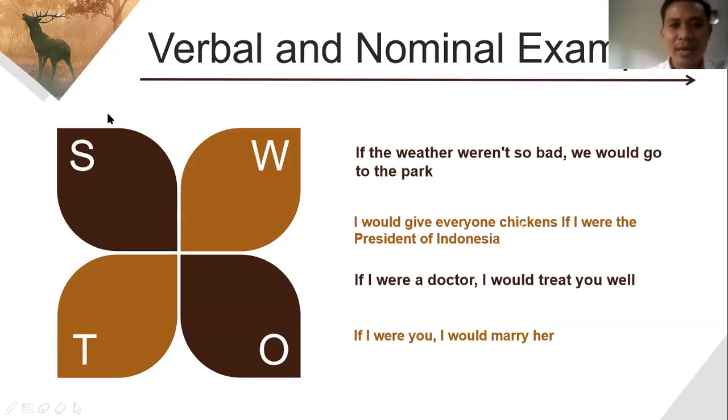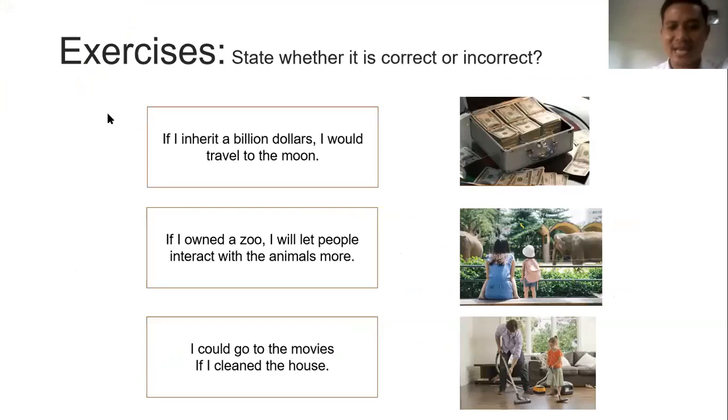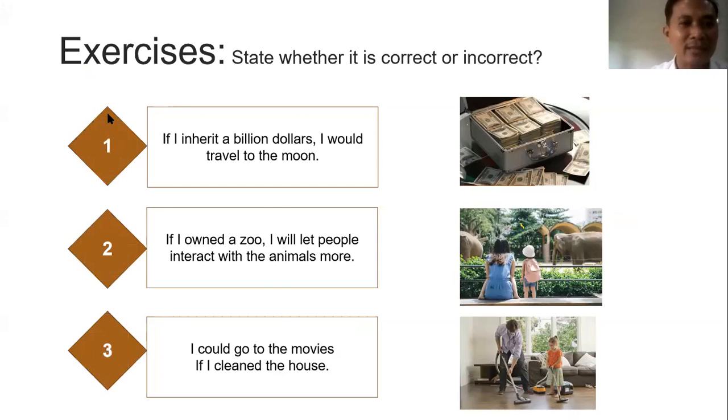Okay, next are the exercises. Now we are at the last part. You can turn on your video and your microphone. Let's answer number 1, 2, and 3 here. You have to state whether it is a correct or incorrect sentence.